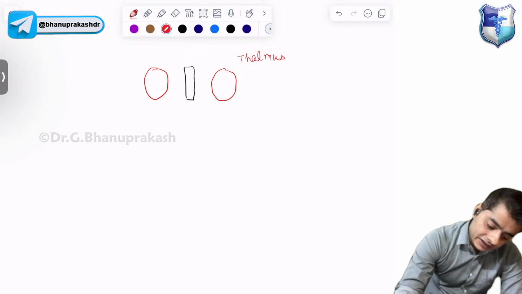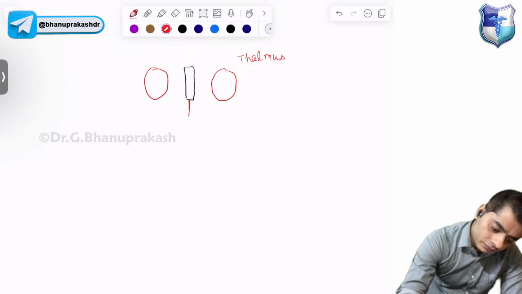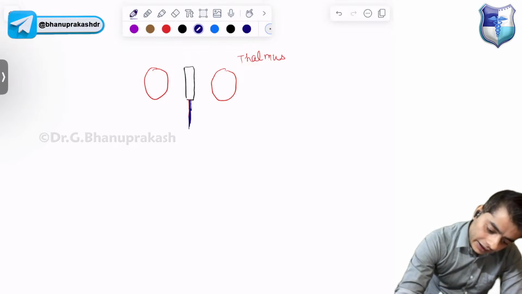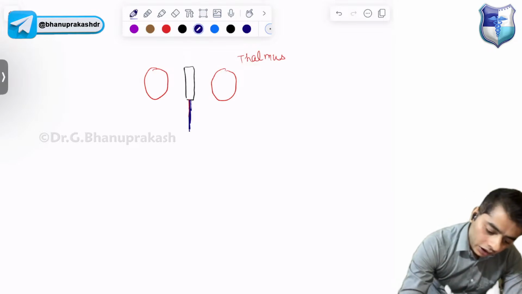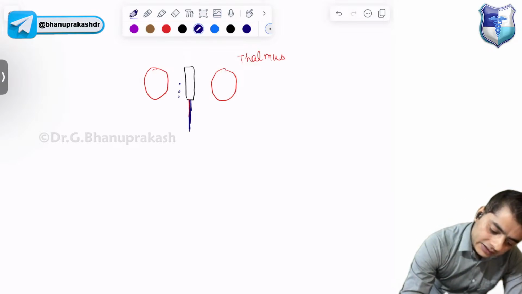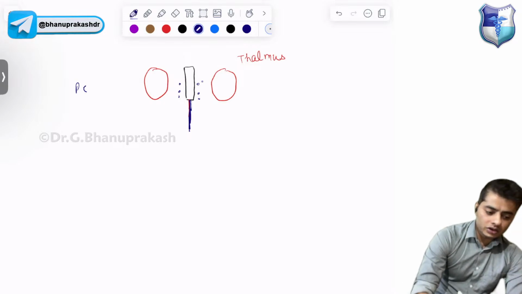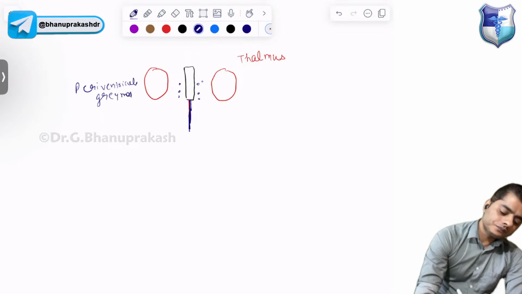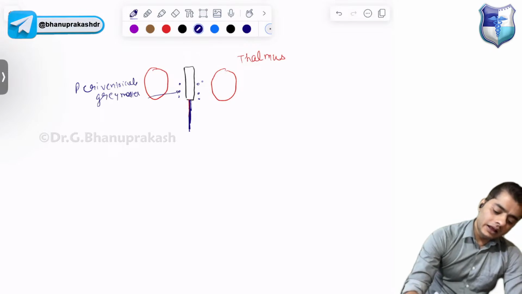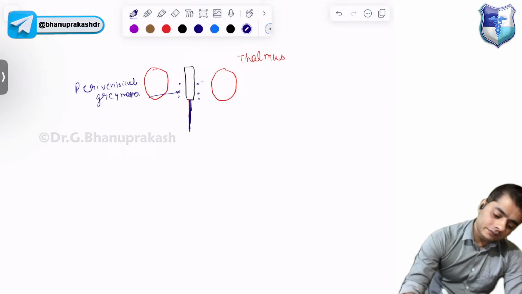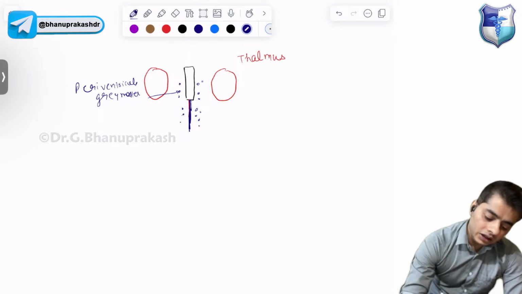You all know that the third ventricle is connected with the cerebral aqueduct. The area near the third ventricle is known as periventricular gray matter, and the gray cell bodies near the cerebral aqueduct.